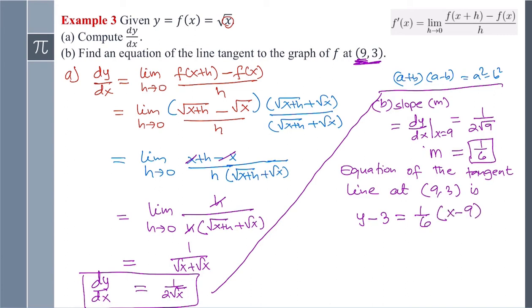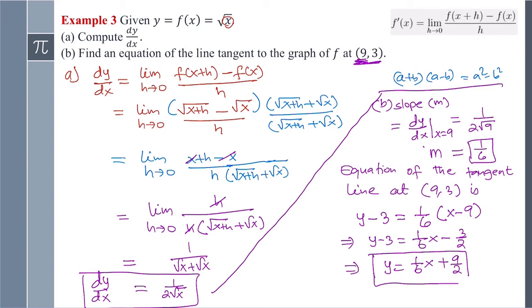Then y minus 3 equals 1/6 x minus 3 halves when you multiply by 1/6. Now if you add 3 on both sides, you get y equals 1/6 x, minus 3 halves plus 3 equals 9 halves. And that is the equation of the tangent line to the given curve at the given point.